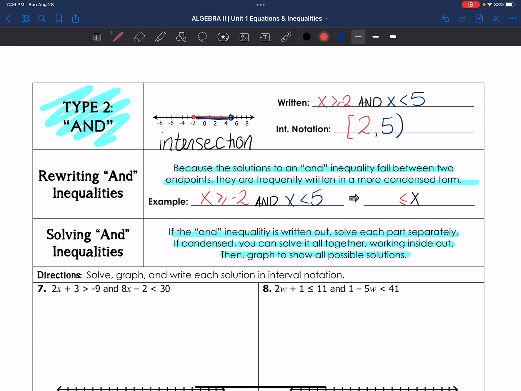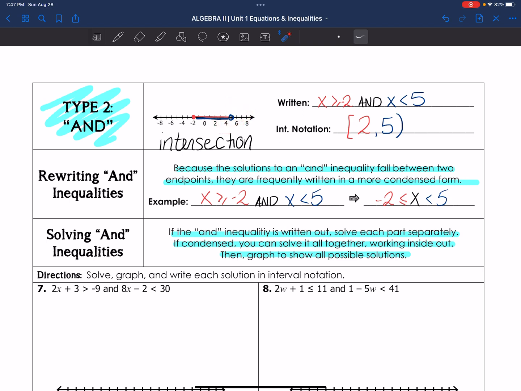What is that smaller value, the one on the left-hand side over here? That's our negative 2, and we want it to be greater than or equal to that, but also less than that value on the right-hand side, which was 5.